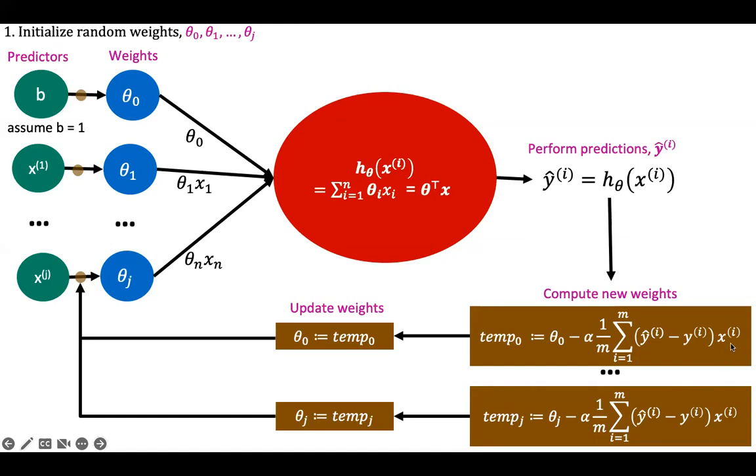And for all of the samples in the training set, we compute the error between the predicted and the actual, multiplied by the x predictor, okay? And essentially, this is equivalent to taking the dot product of x and the error, okay? I hope you understood that. So after computing the new weights, we will have to simultaneously update the weights and continue again until such time that we obtain a more minimized result.